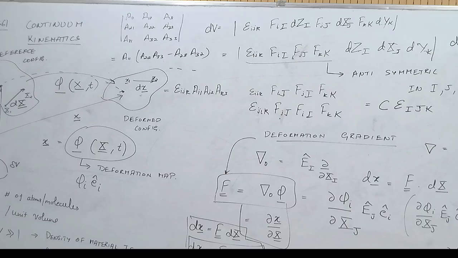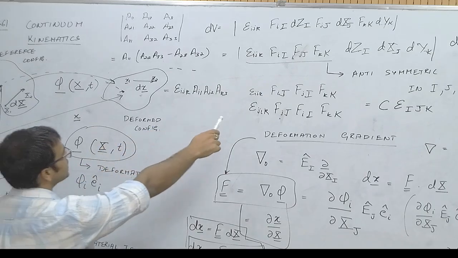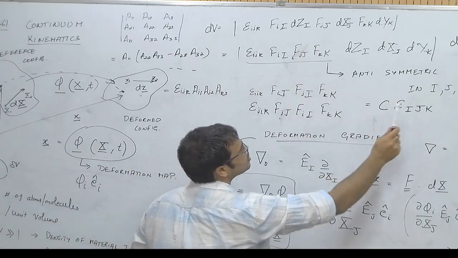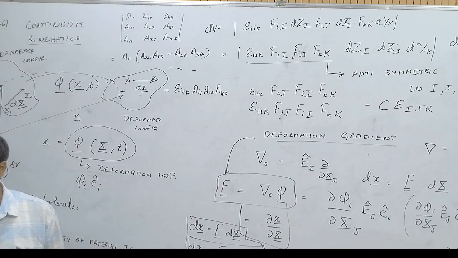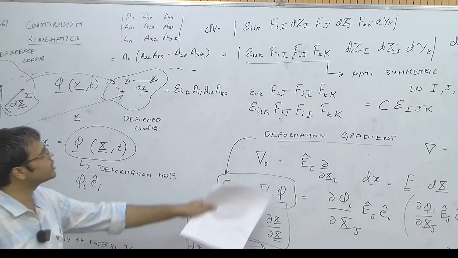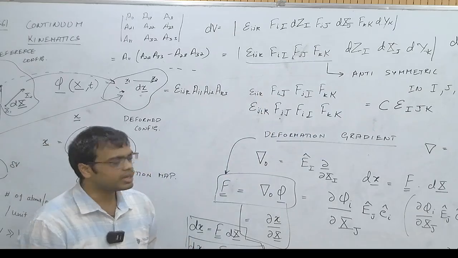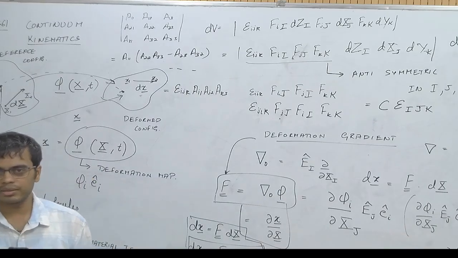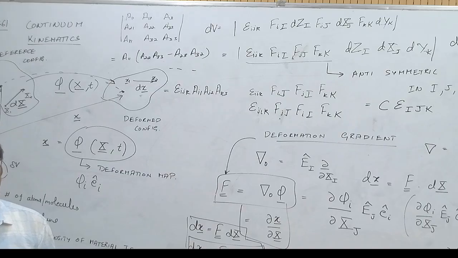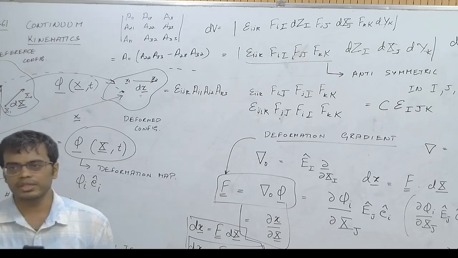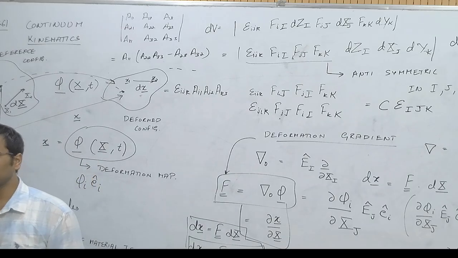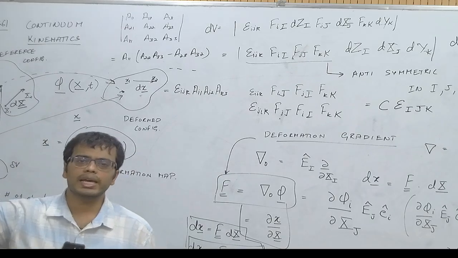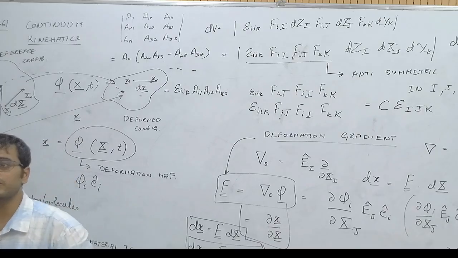Whenever you are reading your notes, take a moment to convince yourself that I can write this expression as some constant times epsilon IJK, because the swapping properties of this expression with respect to capital IJK match the swapping properties of epsilon IJK. It's like if I tell you there is a second order tensor, and if you swap the two indices the value doesn't change, then you are going to immediately write it as some constant times a symmetric matrix, right?